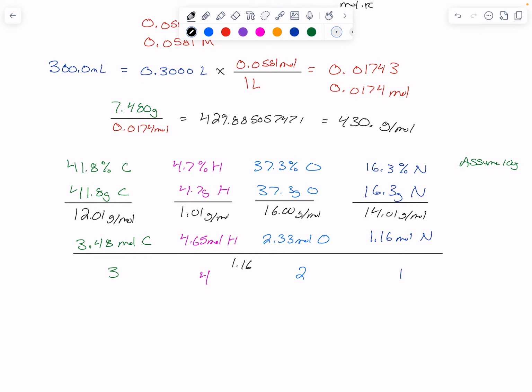So our empirical formula is C3H4O2N. Now, our empirical has a molar mass: 12.01 times 3 plus 1.01 times 4 plus 16 times 2 plus 14.01. That gives me 86.08.